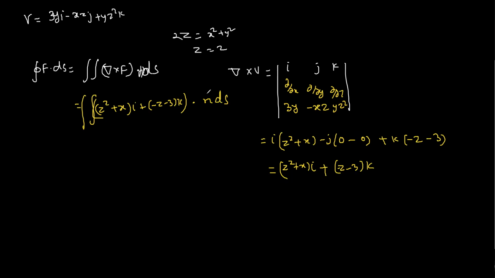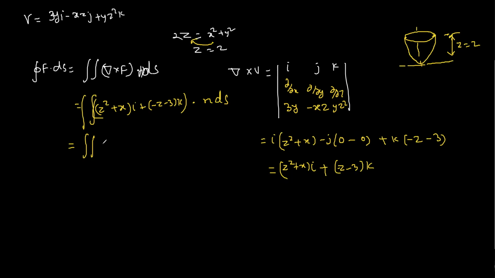So what is n? Unit normal vector. Right? This is the paraboloid and z is equal to 2. When you put 2, first you have to replace z.